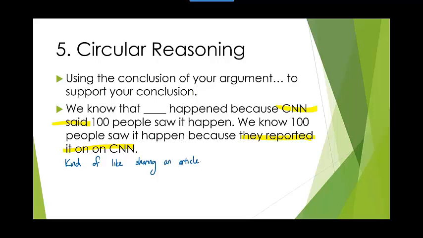This happens all the time where we see some viewpoint that we agree with, and we see an article, and I'm like, wow, I can't believe that happened, and you share it all over the place. And then if anybody asks, is this actually real? Is this article legitimate? You use the fact that it is highly shared as evidence that it is true.